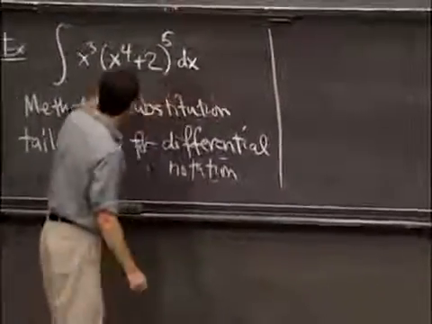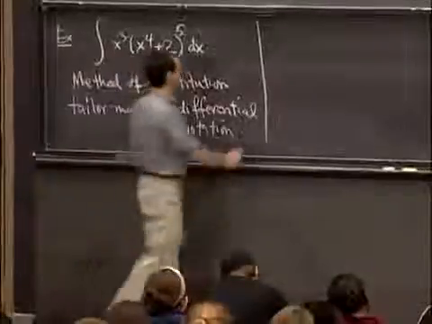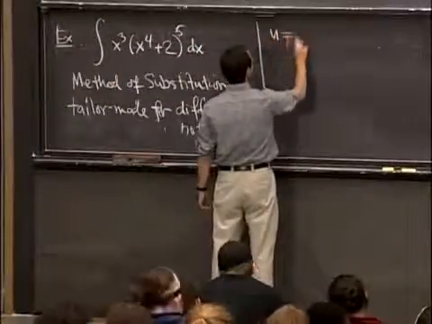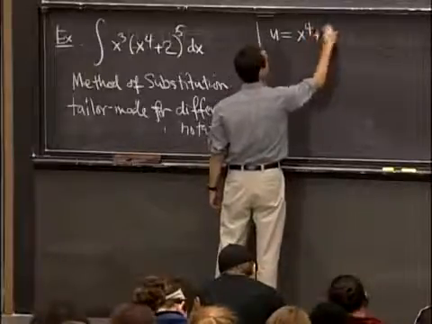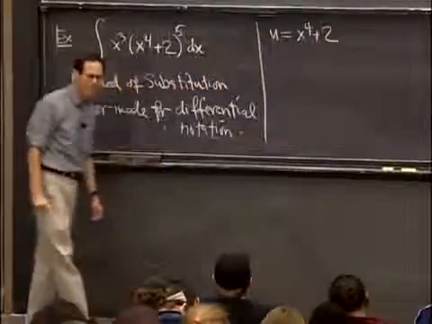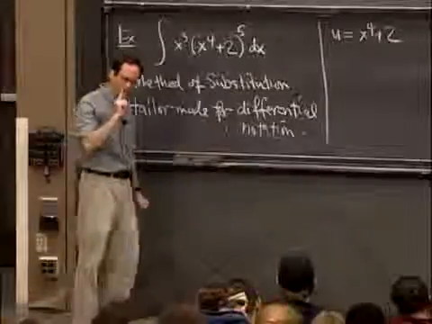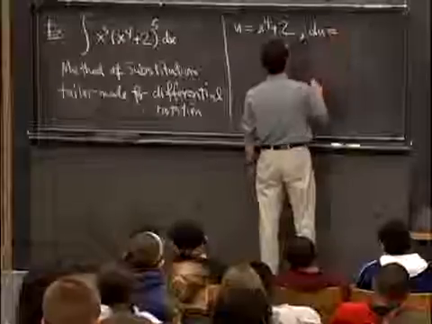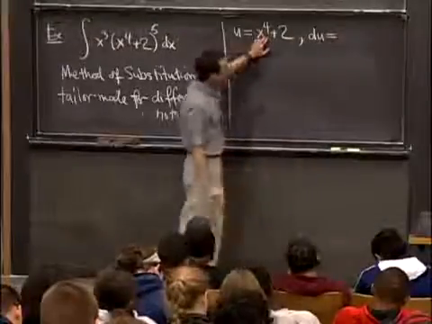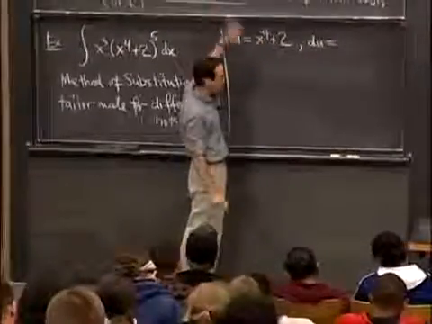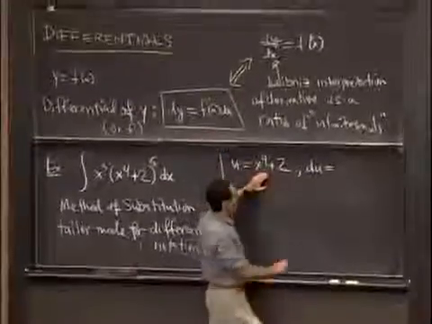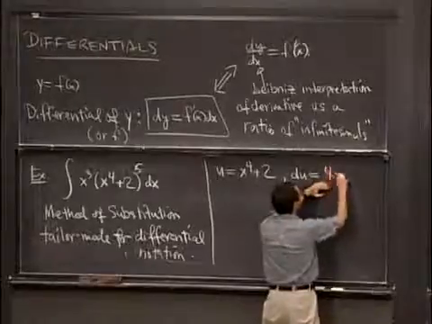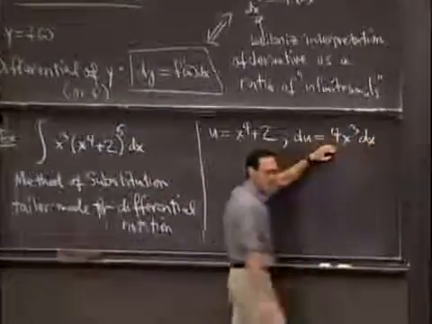The idea is the following. I'm going to define a new function, the messiest function that I see here. It's u equal to x to the fourth plus 2. And then I'm going to take its differential, and what I discover, using the rule for differentials, which is right here, is that its formula is 4x cubed dx.